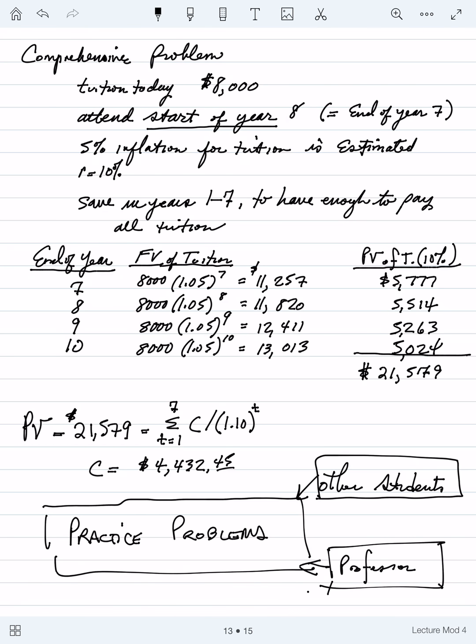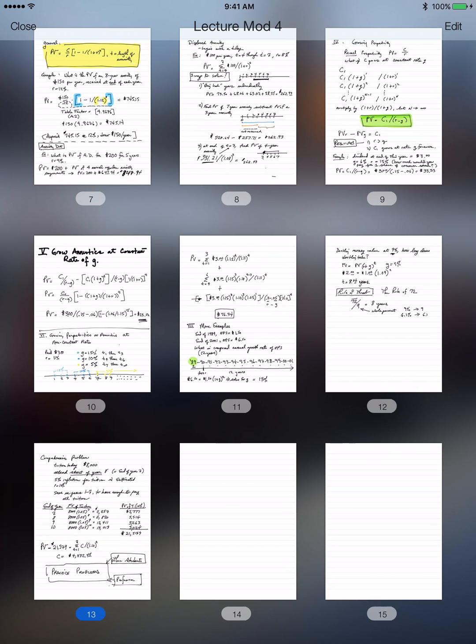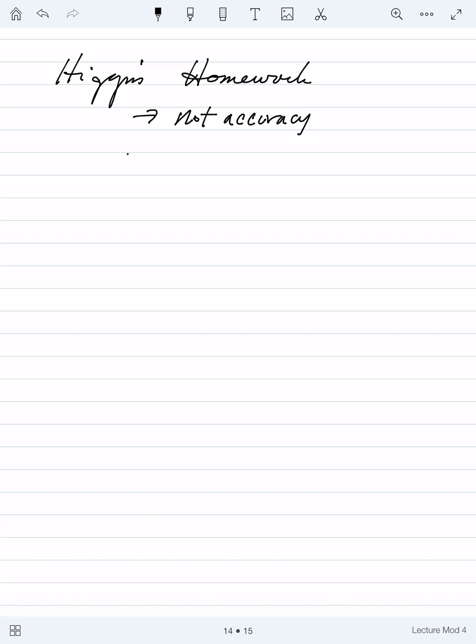And remember that I want you to be working homework in the Higgins environment. And remember, it's not for accuracy, okay? I just want it for completion, to see that you're trying it.